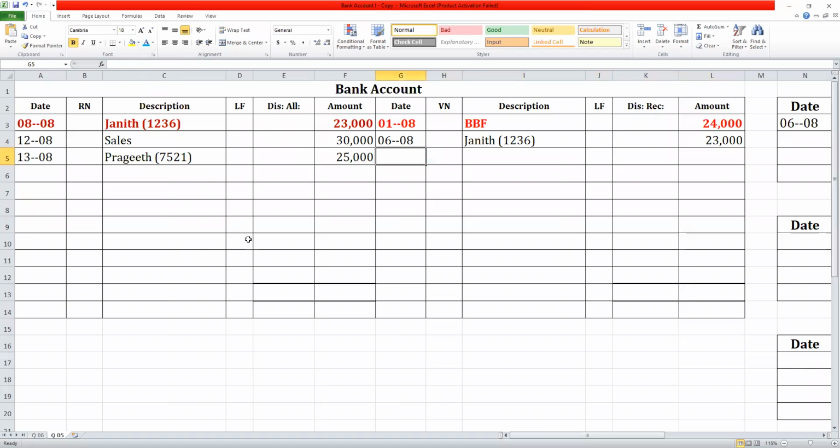The date is 15th of August. Prageet, check number 7521, 25,000.